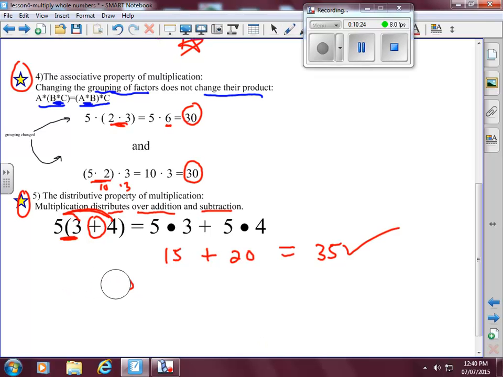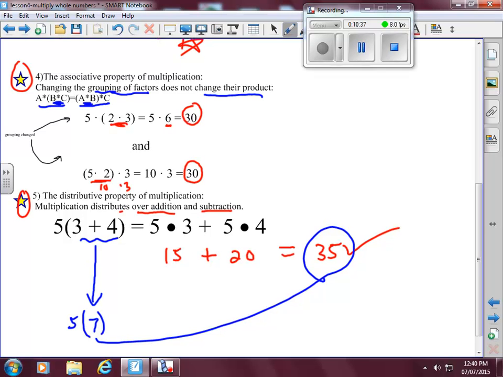Now the neat thing is, if you chose not to use the distributive property and you chose just to go inside the parentheses first, notice 3 plus 4 is 7, but hey, 5 times 7 is also 35. So it just tells us that it's perfectly legal to distribute, okay?